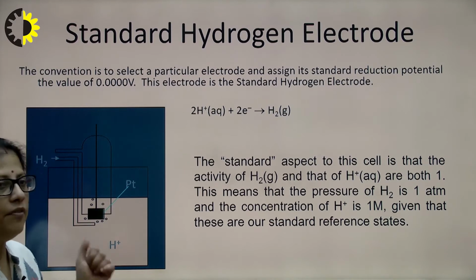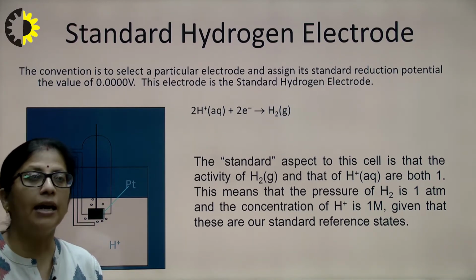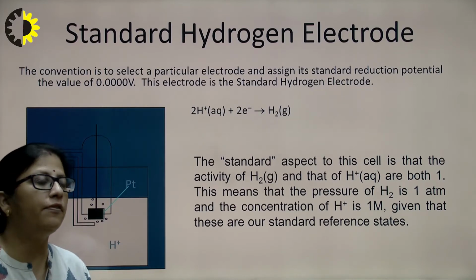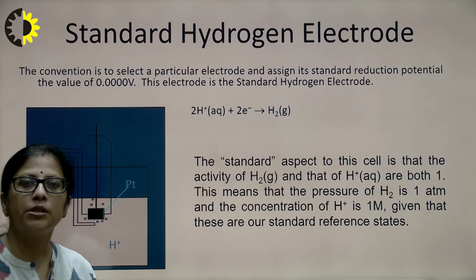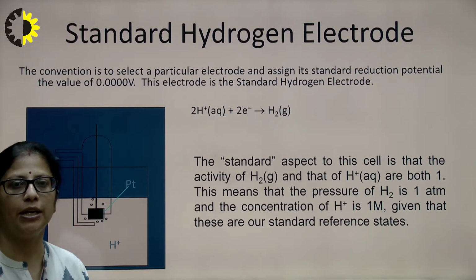Now, the convention is to select a particular electrode and assign its standard reduction potential the value of 0 volts, and this electrode is the Standard Hydrogen Electrode.